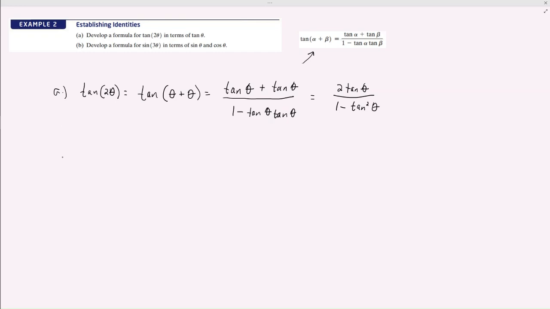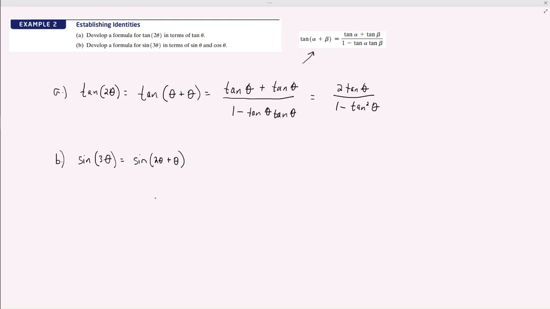Okay, let's say we want to come up with the triple angle formula for sine. We'll just split that up into a sine of 2 theta, which we've already figured, plus theta. And again, we'll just plug that into the sum formula for sine.